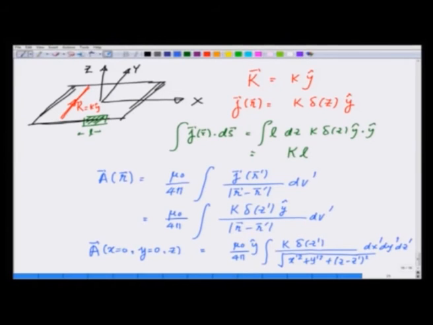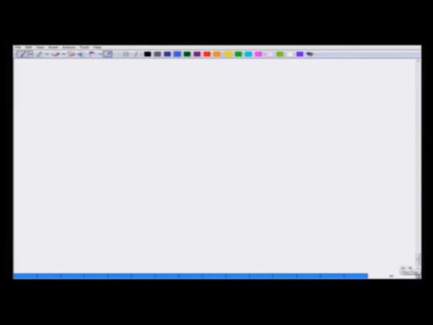That is the expression. Let us write this again. So, I am calculating, due to the sheet of charge which is carrying the surface current in direction y, A at 0, 0, z. It does not matter, any x y would be the same answer.